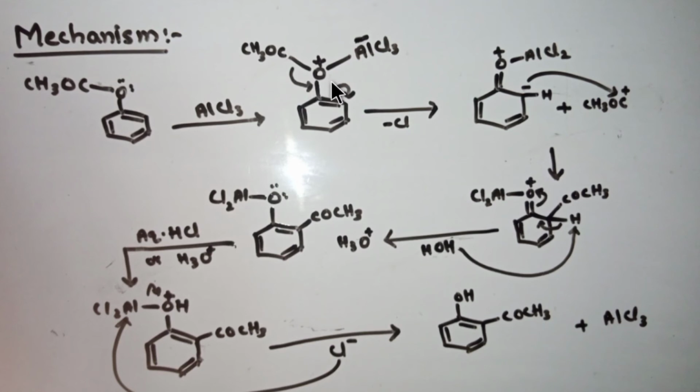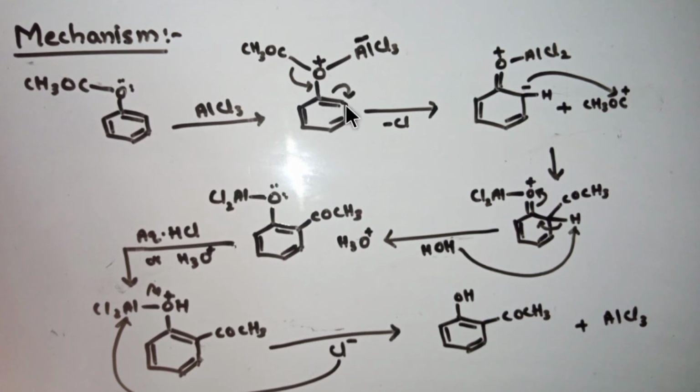In the second step, this compound is produced. This is an unstable compound, one intermediate, because a cation and an anion are produced. To produce a stable compound, the bond of this acyl group will shift toward this oxygen, producing a double bond between this carbon and oxygen, so the carbon completes its covalence.